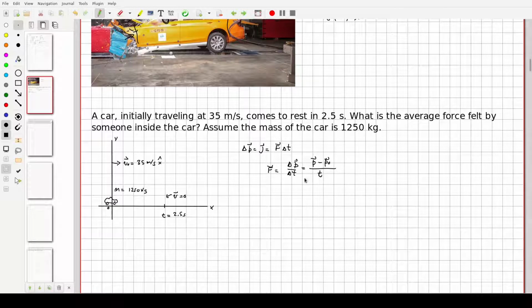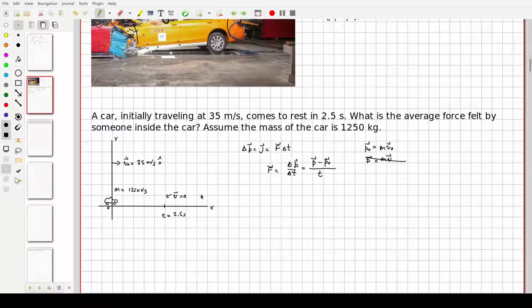And delta t here is just going to be t. So what's your initial momentum look like? Well, that's going to be your mass times your initial velocity. And what's your final momentum going to look like? Well, that's going to be your mass times your final velocity. But look, your final velocity is 0. So that goes away.